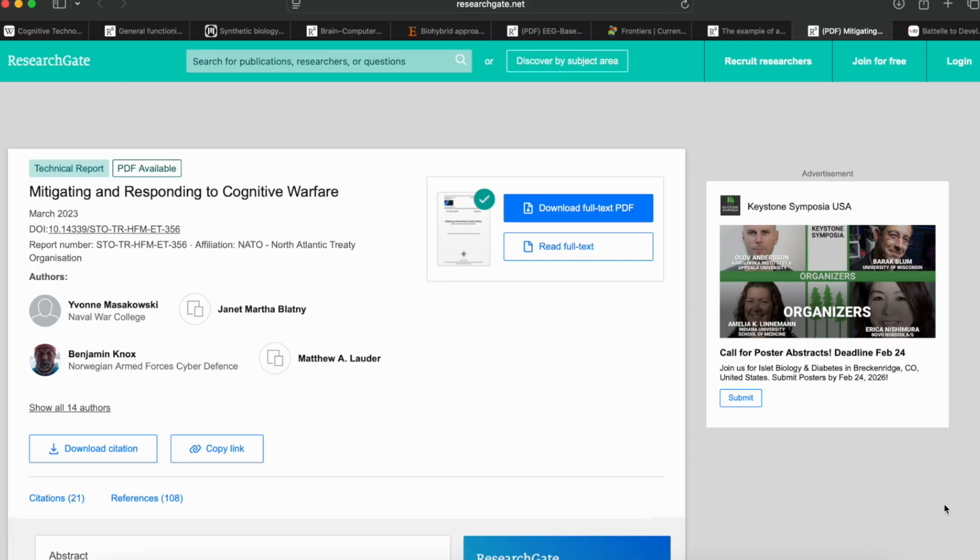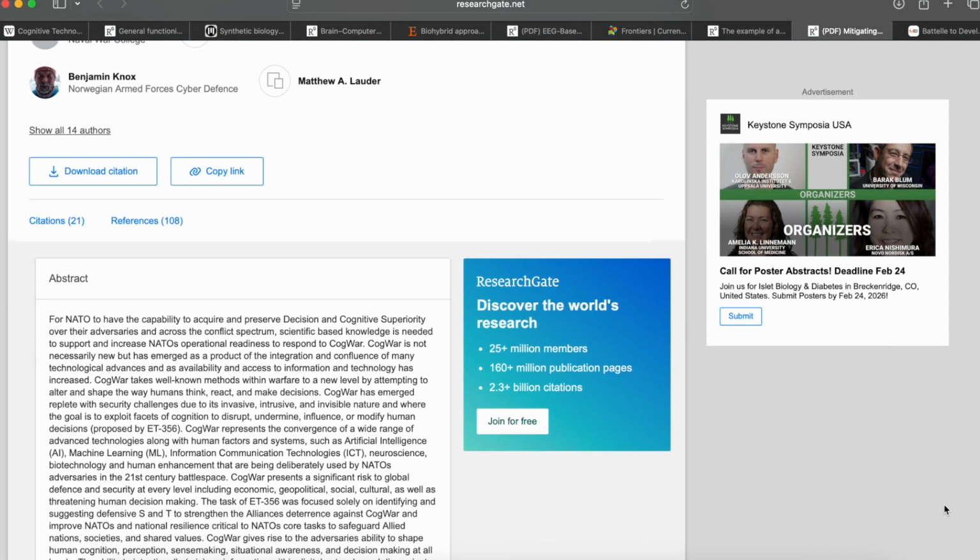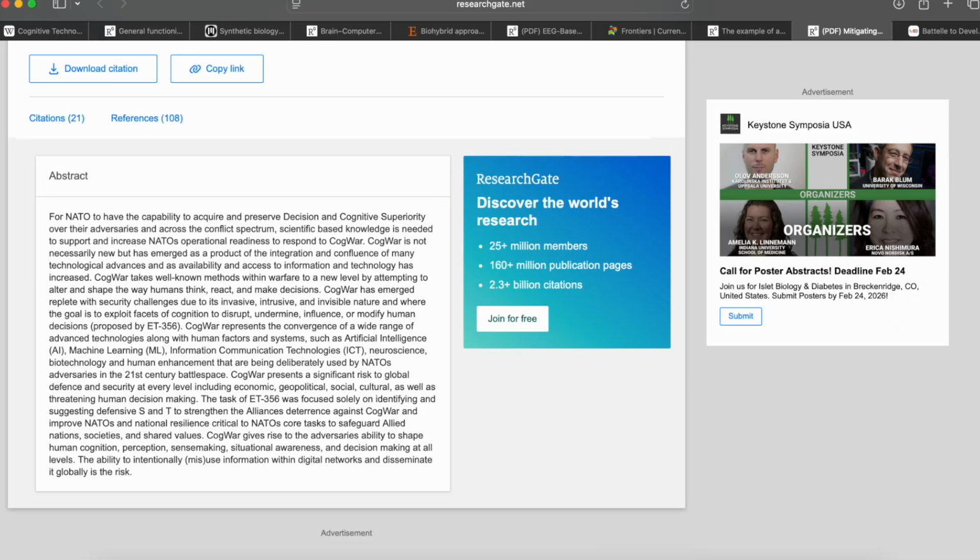Mitigating and responding to cognitive warfare. For NATO to have the capability to acquire and preserve decision and cognitive superiority over their adversaries and across the conflict spectrum, scientific-based knowledge is needed to support and increase NATO's operational readiness to respond to COG war.